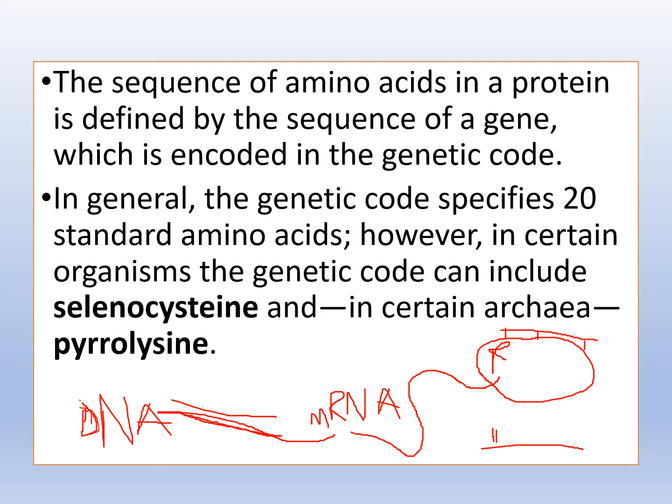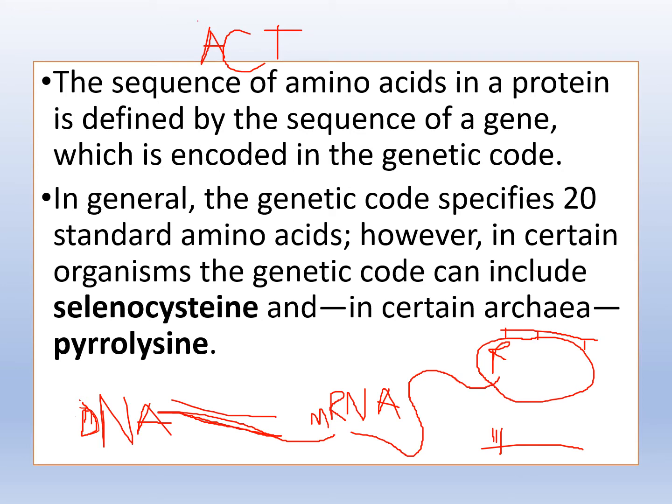But anyway, I'll just give you a gist of what happens during decoding. Again, your mRNA carries codes. So a code basically contains three. The code is actually a set of nucleobases.